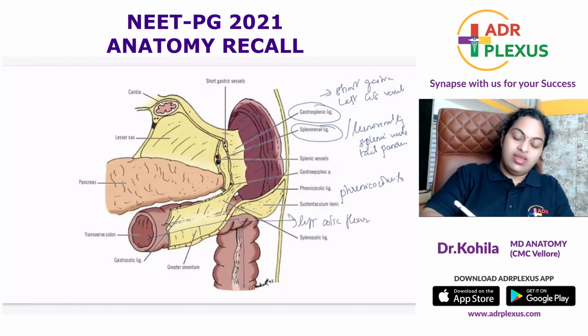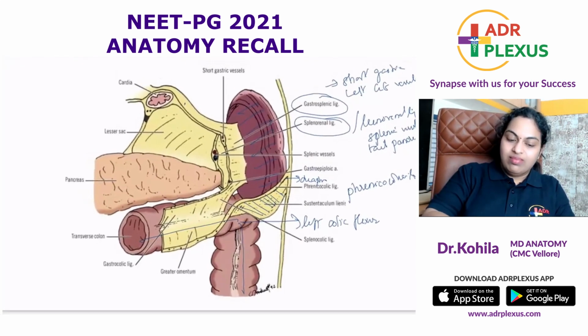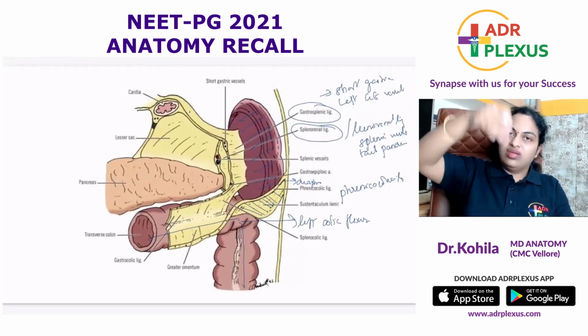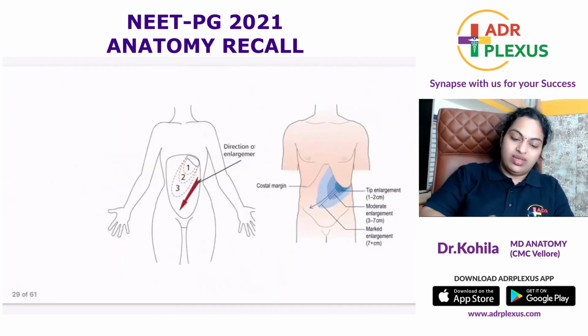You can see the ligament here, a peritoneal fold extending from the left colic flexure to the diaphragm. That's called the phrenicocolic ligament. Incidentally, it supports the lower end of the spleen. Just because of the presence of this ligament, the spleen cannot extend downwards in case of an enlargement.